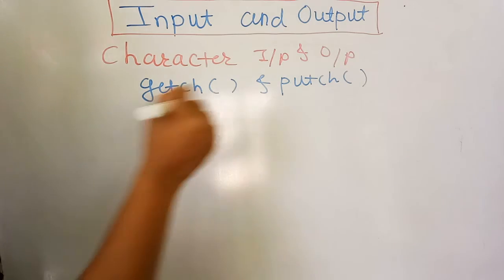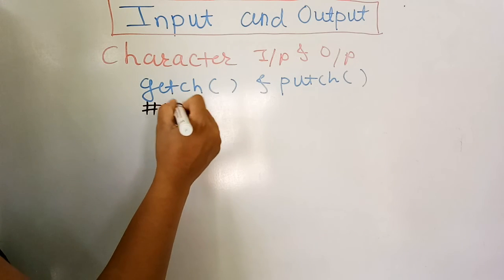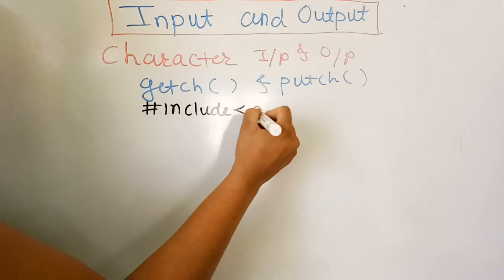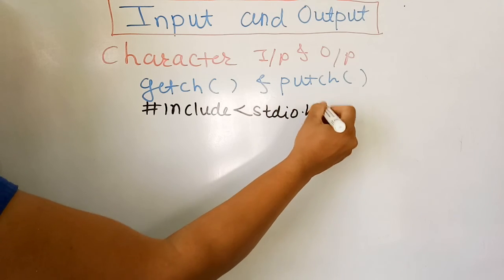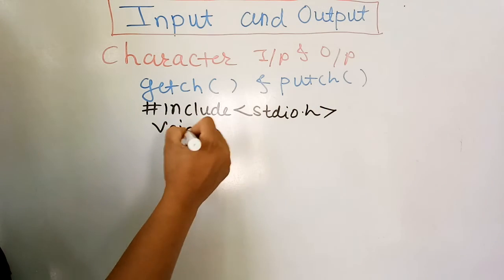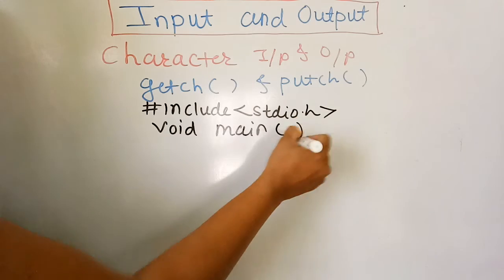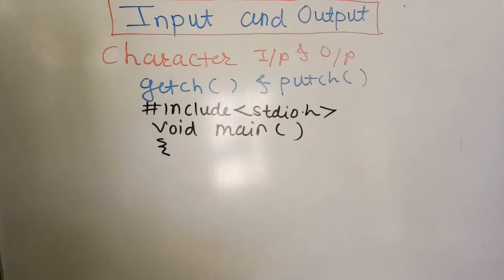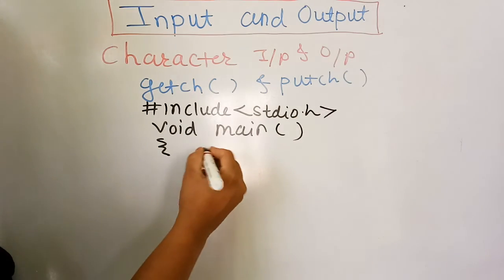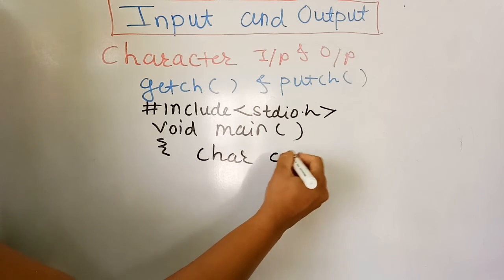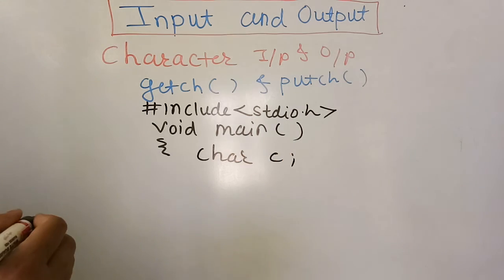We will demonstrate how to use getch and putch with the help of a program, that is #include <stdio.h> void main. Then you simply declare one variable of type character, for example char c.